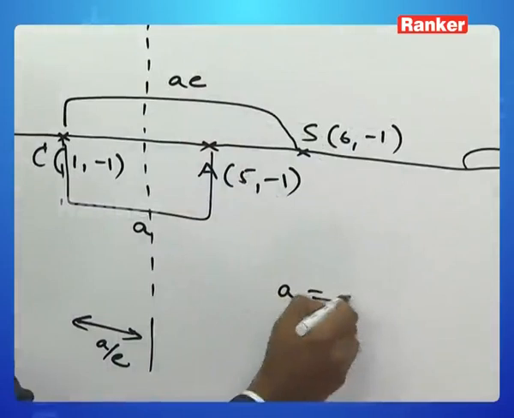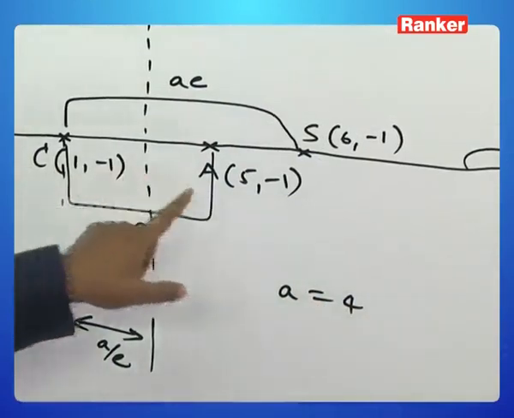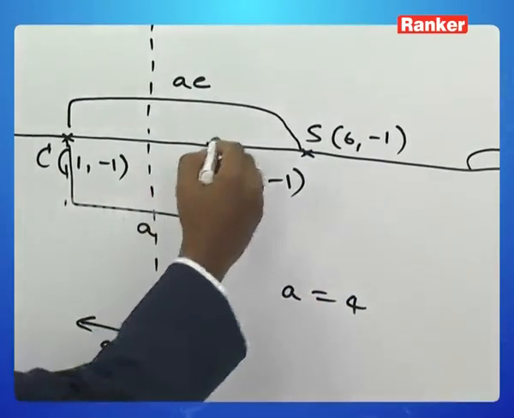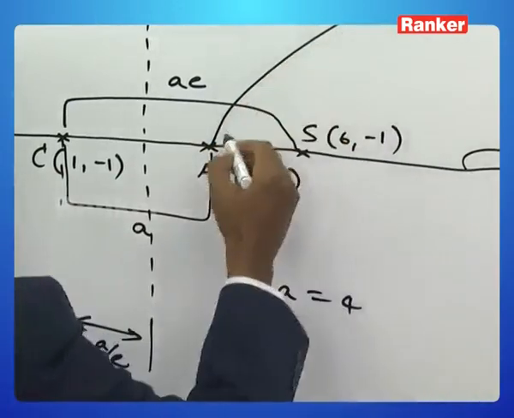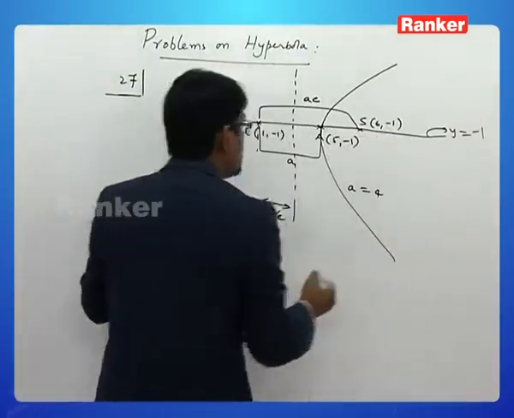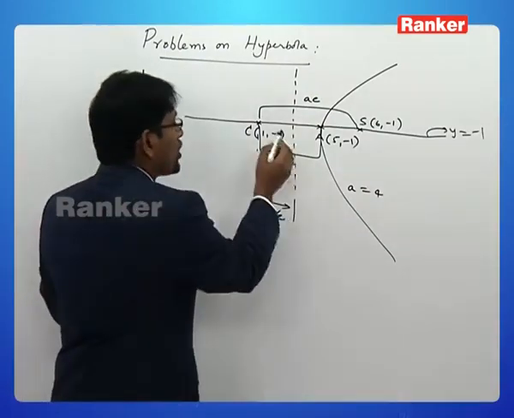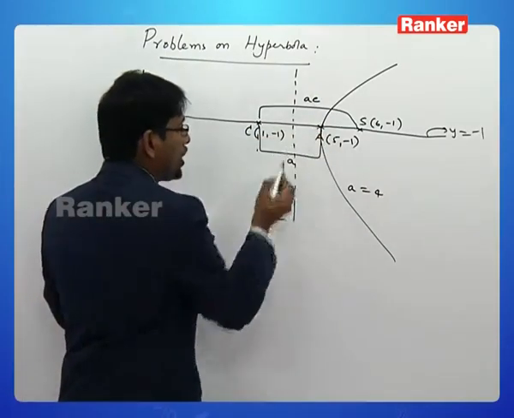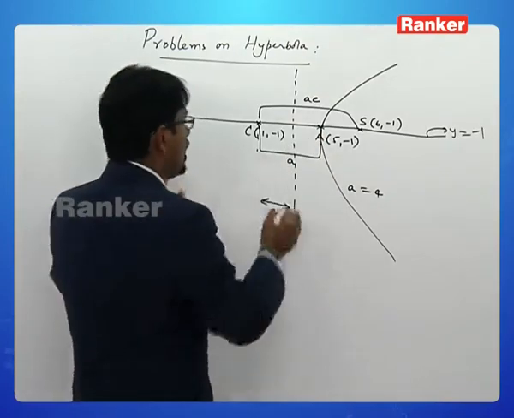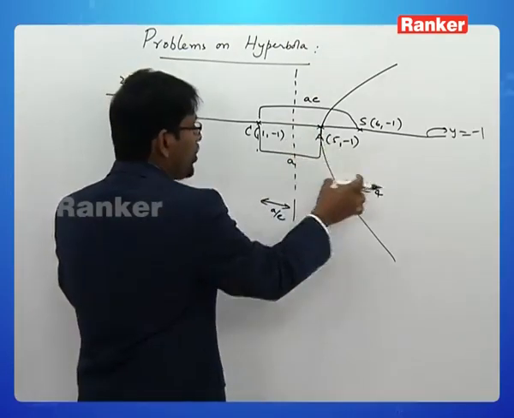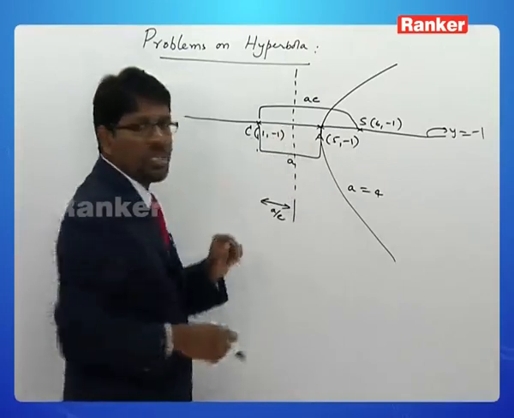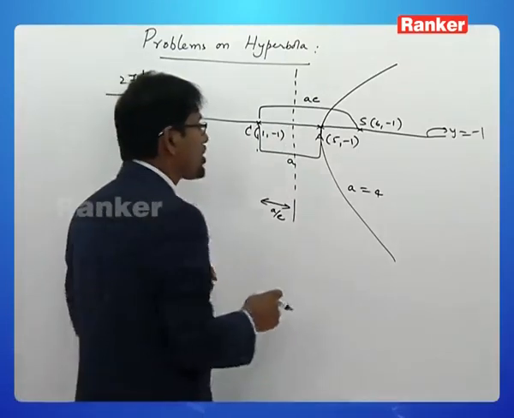units. Clearly, say this is the hyperbola, one branch of the hyperbola we have here. So the distance from center to the vertex is A units, and that is 4. From (1, -1) to (5, -1), that's 4 units.